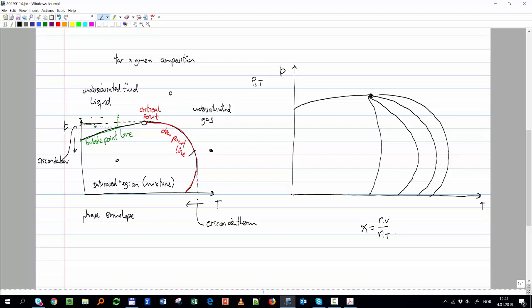If I'm exactly on this line, remember I have pure gas, with a slight amount of liquid, almost negligible, starting to come out. So here it will be 100% quality.